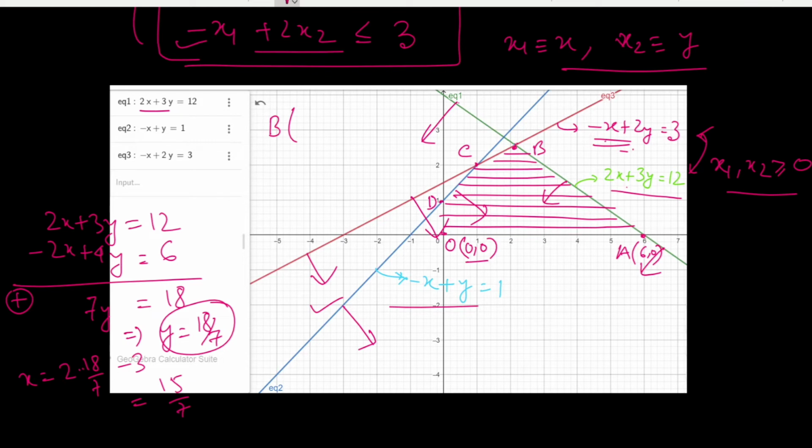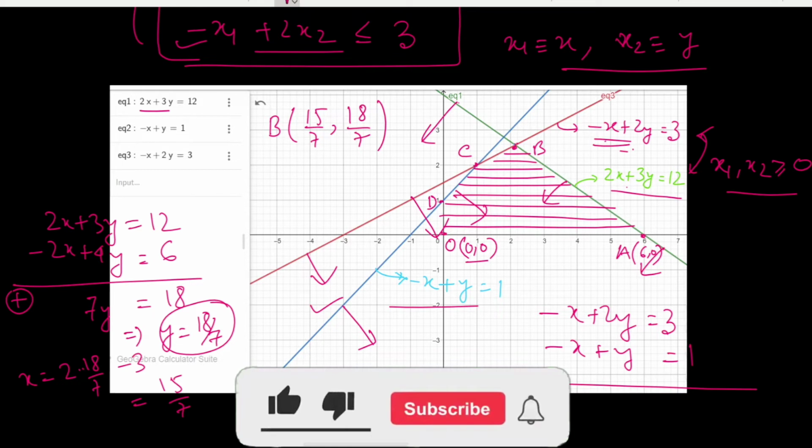So B is the point (15 upon 7, 18 upon 7). Next is the point of intersection of minus x plus 2y equal to 3 and the equation minus x plus y equal to 1. If we subtract these two, we get y equal to 2.